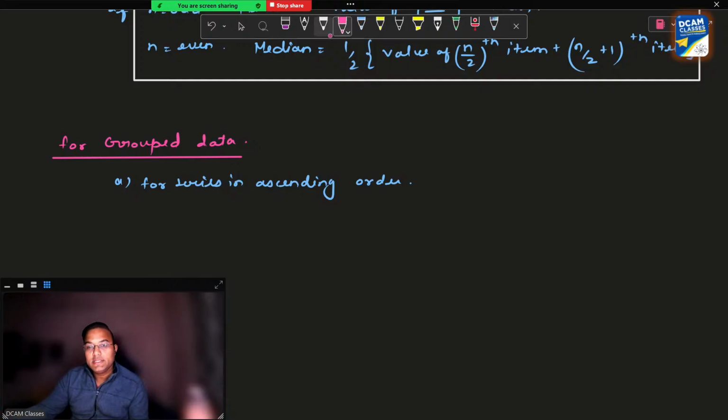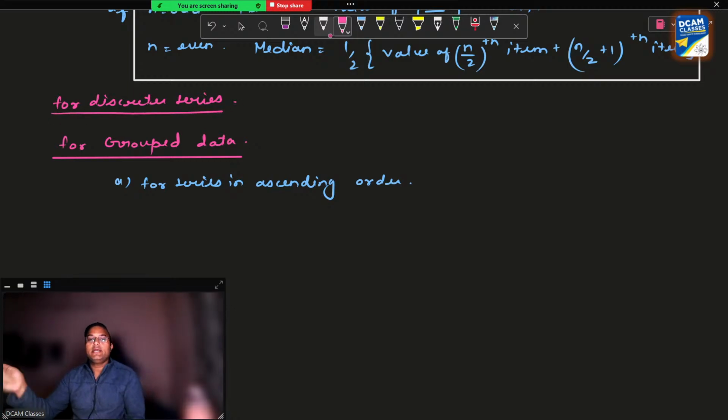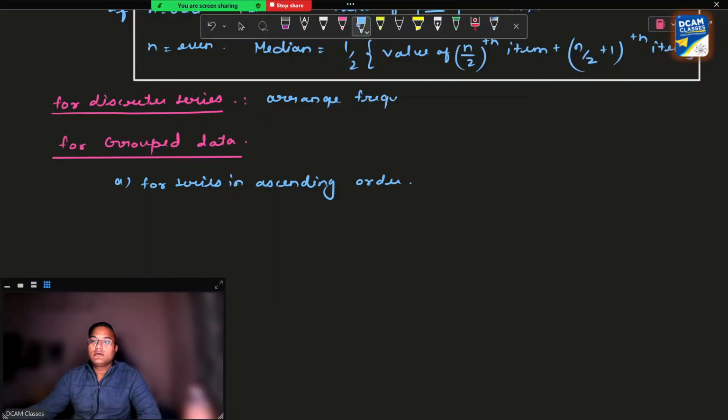For discrete series, means a series in which frequencies are given, we arrange the variables in ascending or descending order.